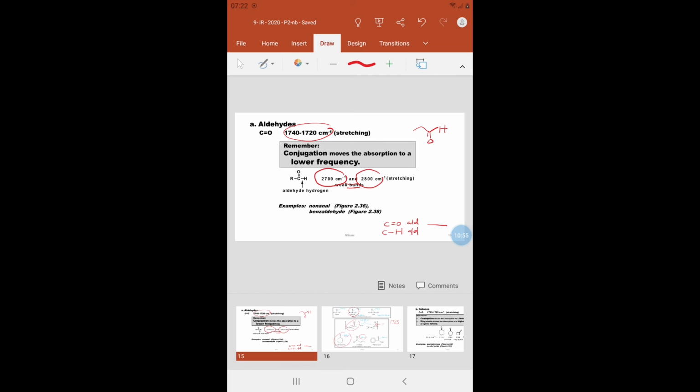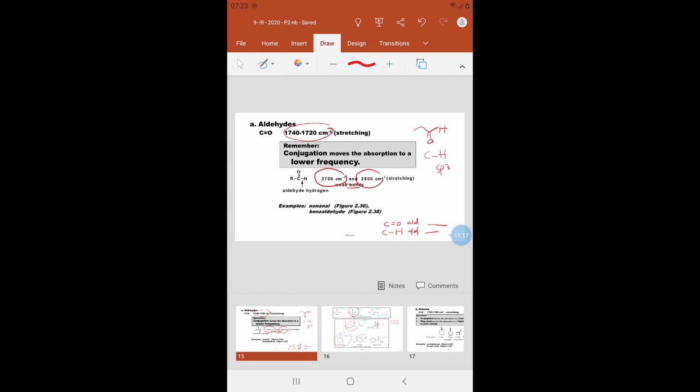When you see the C double bond O from the spectrum, you must see CH aldehyde. And what is the frequency? And then from this structure, you see the CH sp3. So for aldehyde, this is the list of bonds that you can see.